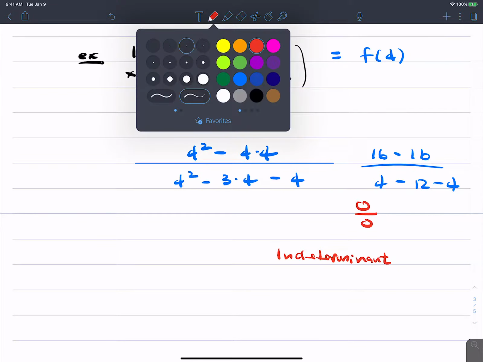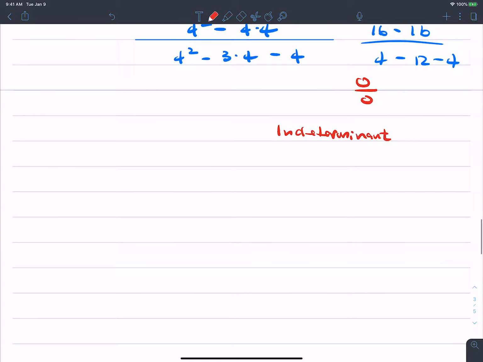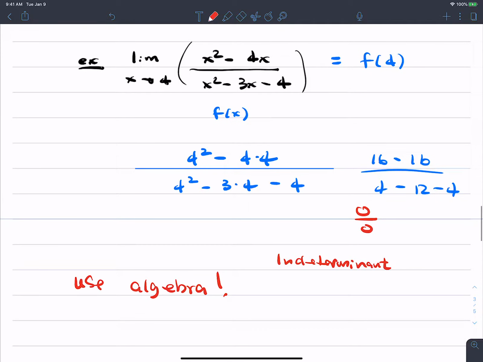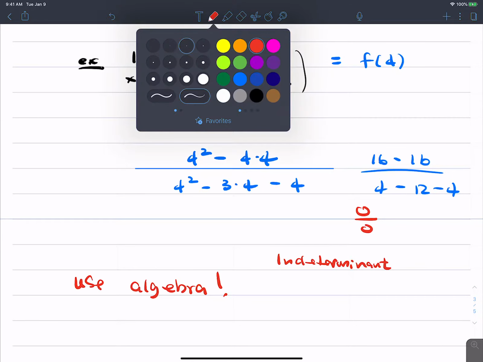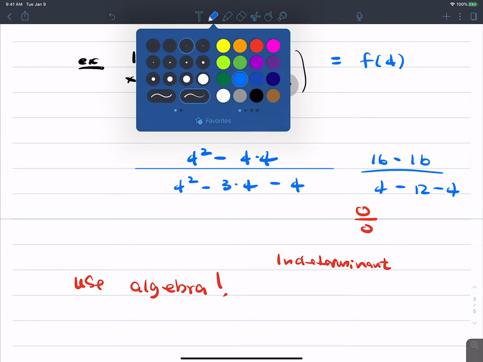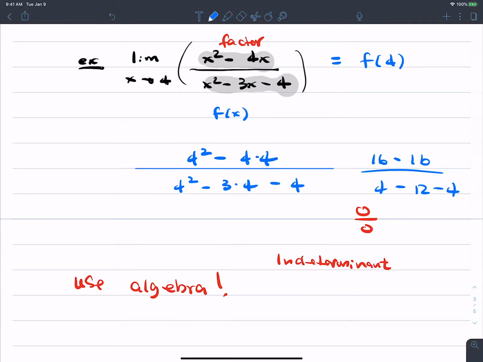When we have an indeterminate form, use algebra. And you might say, what can I do? Well, in this case, again, we factor. We factor the numerator, factor the denominator. So let's make sure we factor.